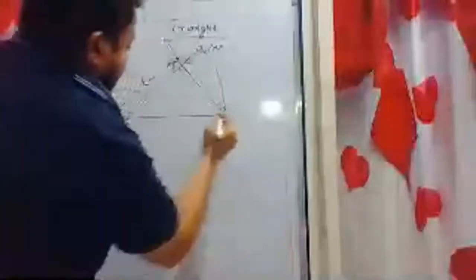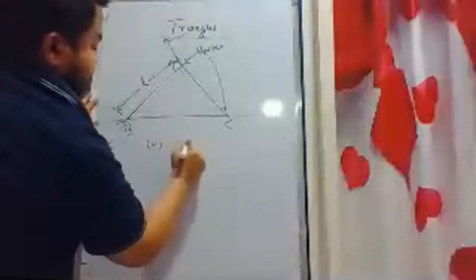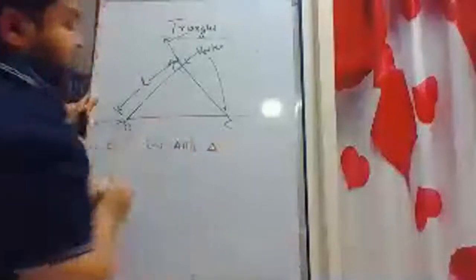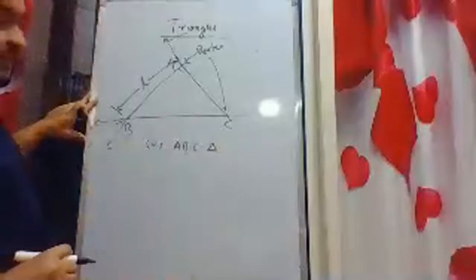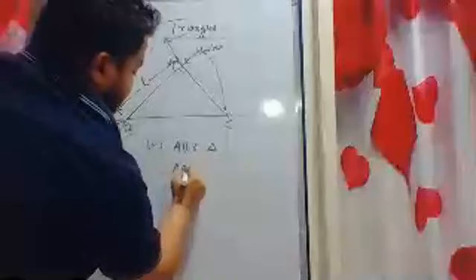Okay, so if you have understood these notations, let us move a step further and see how we denote our triangles. Very simple notation to denote a triangle. That is, we write ABC triangle. And in case it's a right angle triangle, we denote ABC like this.